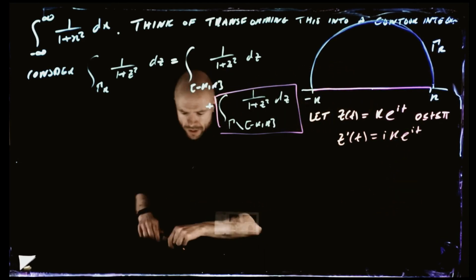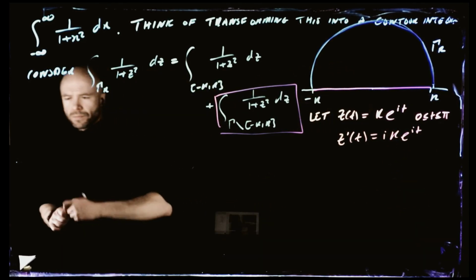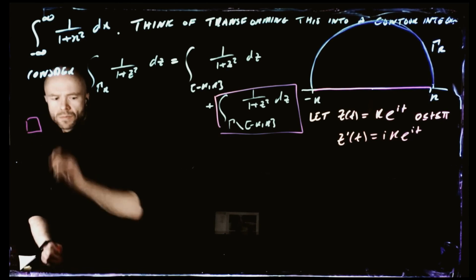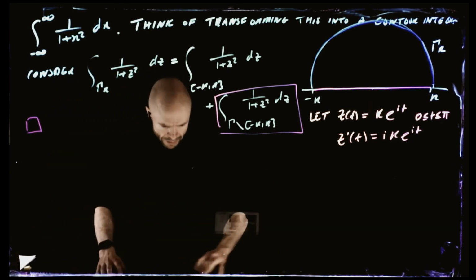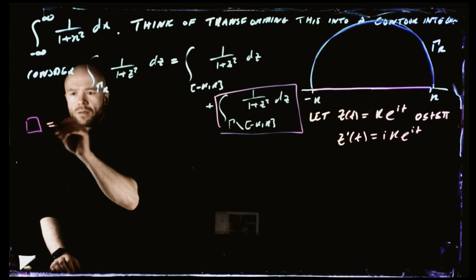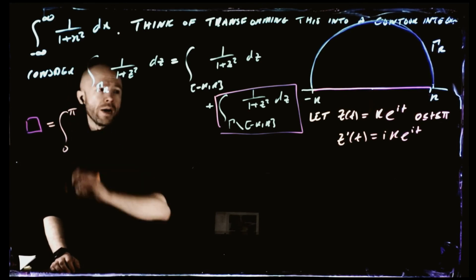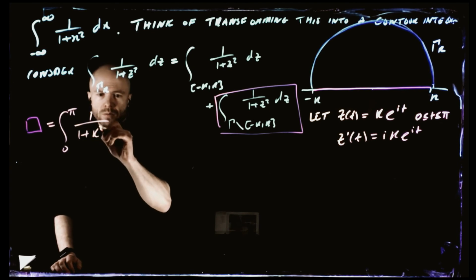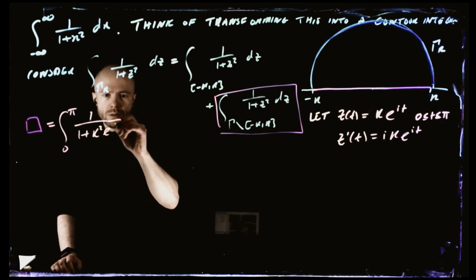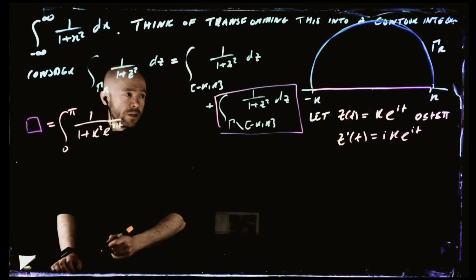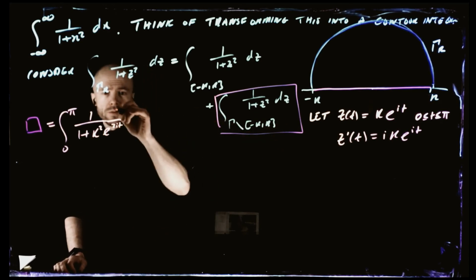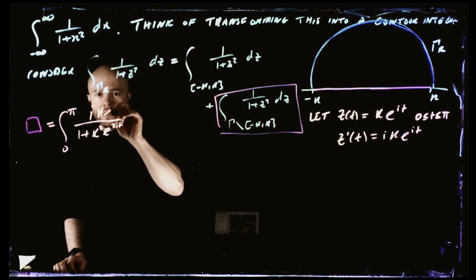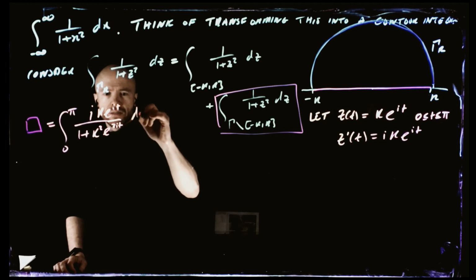So then this thing in the red box turns out to be the integral from 0 to pi of 1 over 1 plus r squared e to the 2it, and then the derivative, i r e to the it dt, right?